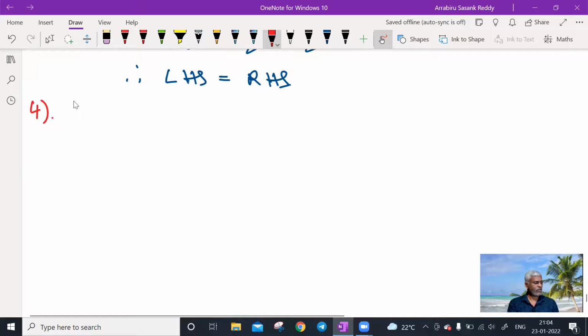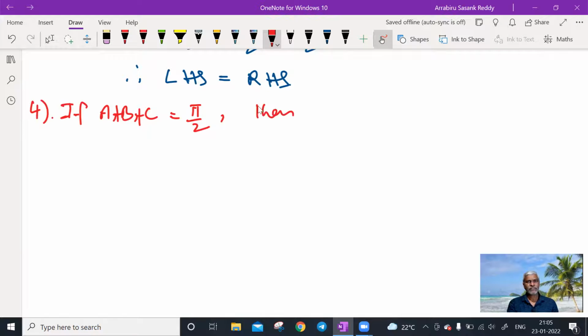Let us take one more problem. If A plus B plus C is equal to 90 degrees, then show that... Earlier, A, B, C were angles of a triangle, so A plus B plus C was 180.